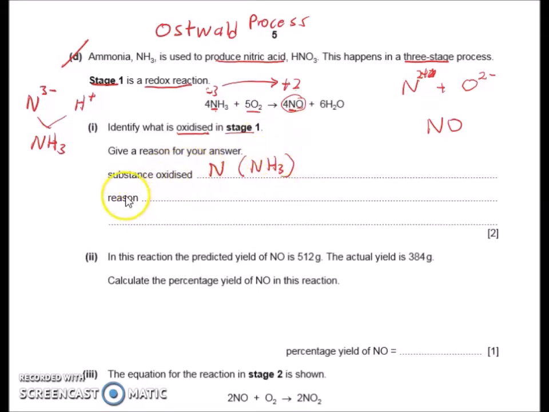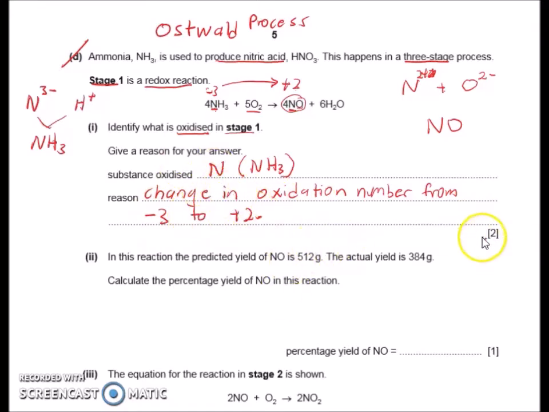Your reason here will be change in oxidation number from -3 to +2. Okay, that is your reason here. So you will be getting 2 marks here.